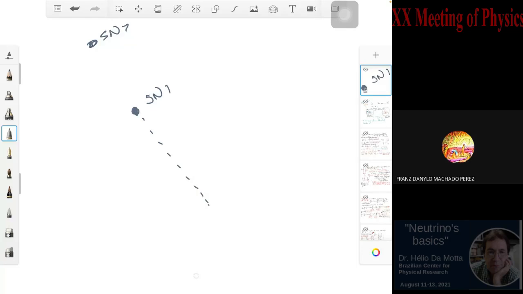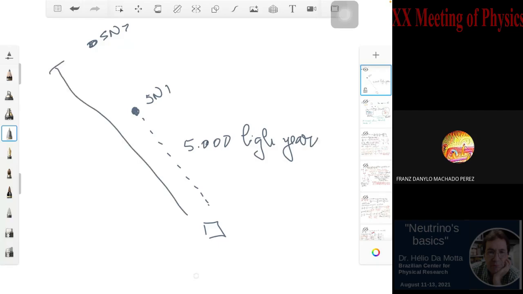Here you have the detector. Let's say supernova 1 is at a distance of 5,000 light years, and this other one is, say, 15,000 light years.